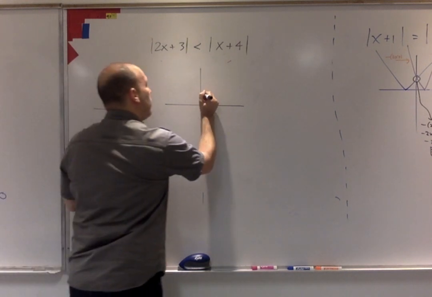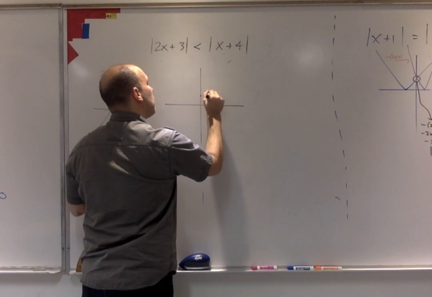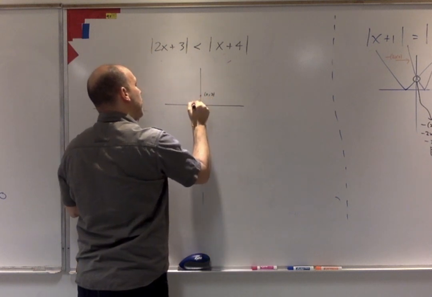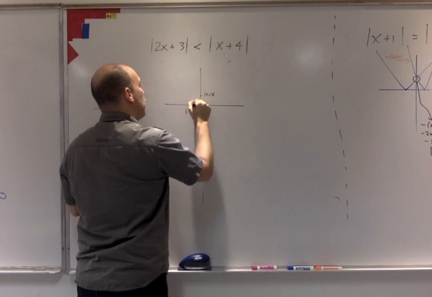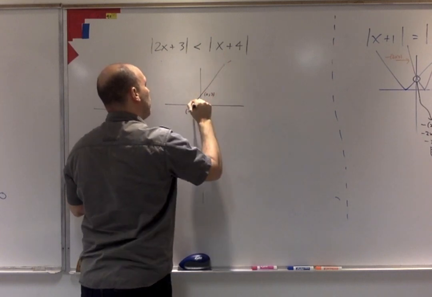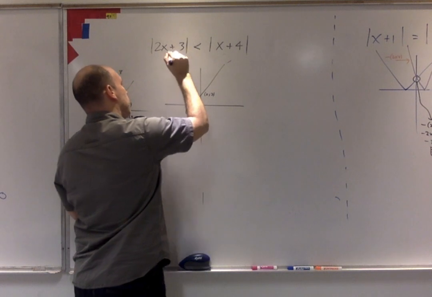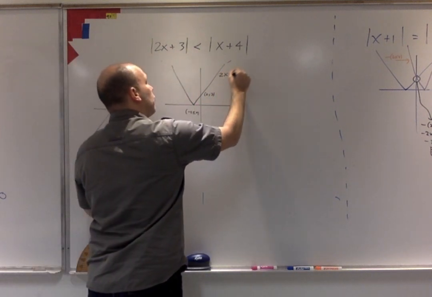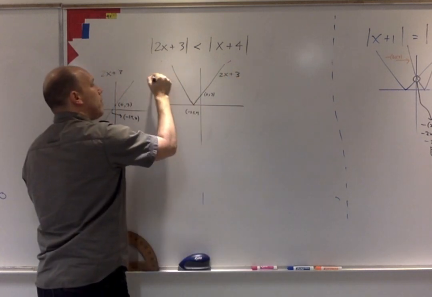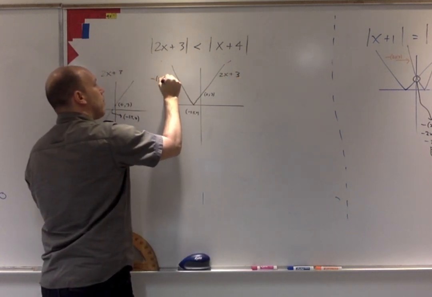So this point is 0, 3, and this point is negative 1.5, 0. So it kind of looks like this. Now this branch is 2x plus 3, and this branch over here is negative 2x plus 3.